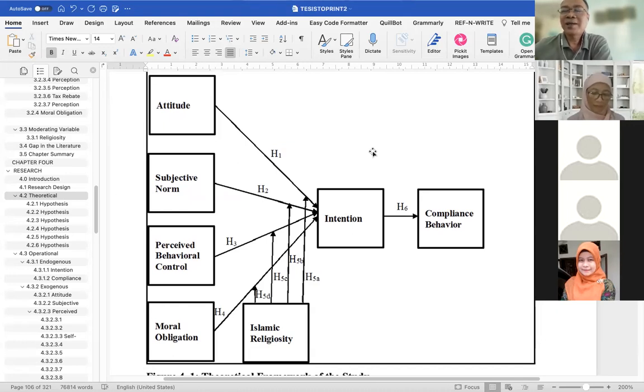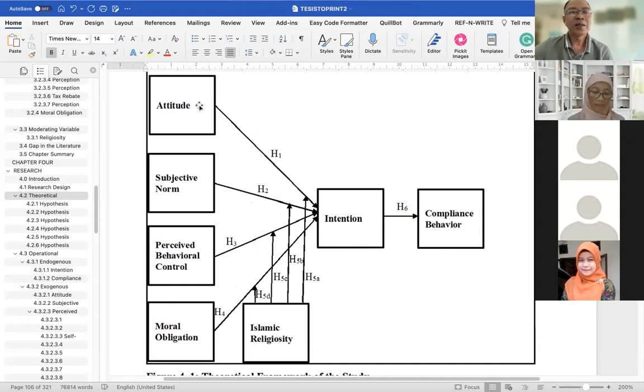So it is aligned with each other. And in order to have the 6 hypotheses and the 6 research questions and 6 research objectives, you need to show the relationship among the variables in the framework. How do you get your 6 research objectives?